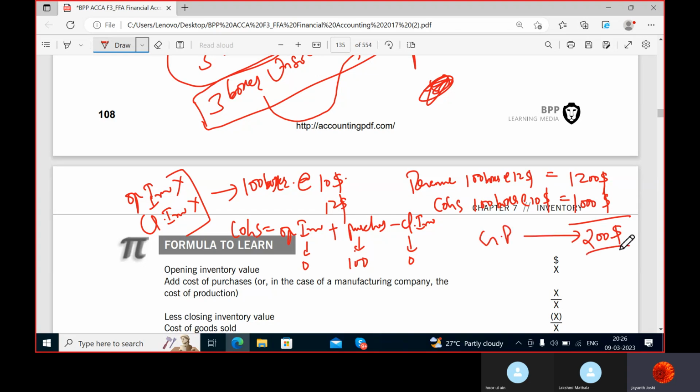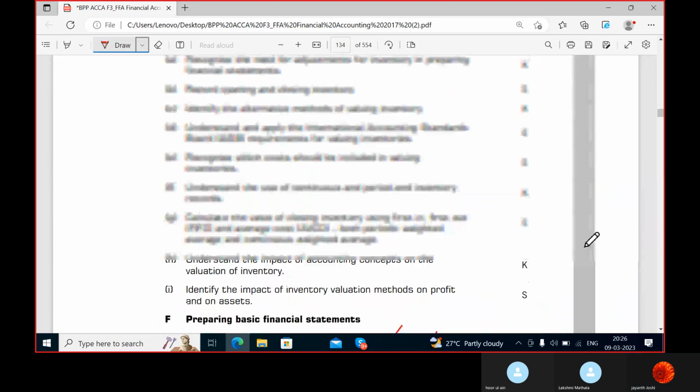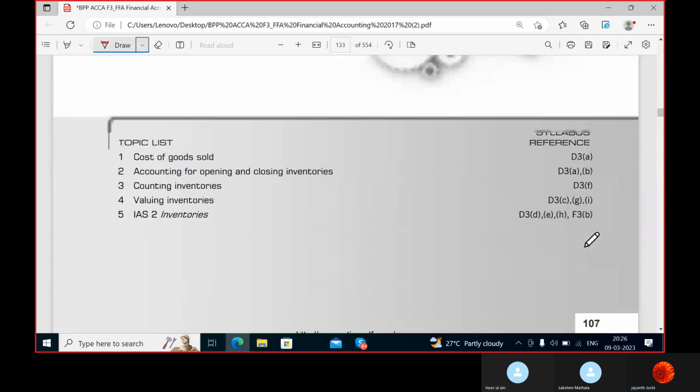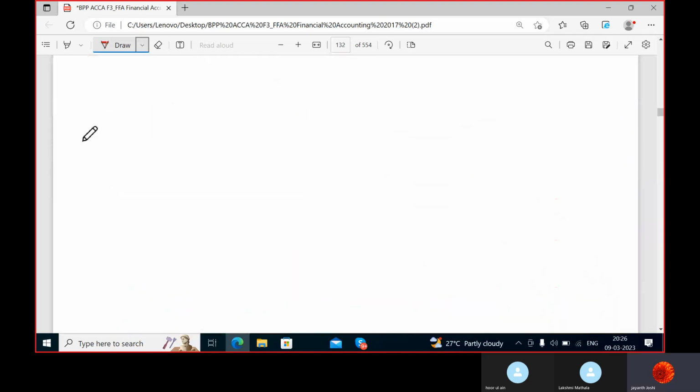Now we will change the example and we will do the actual COGS calculation, by considering everything. Let's say I bought 100 boxes at the rate of $10.